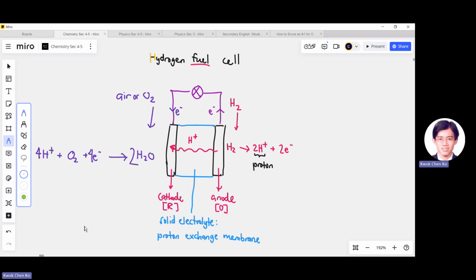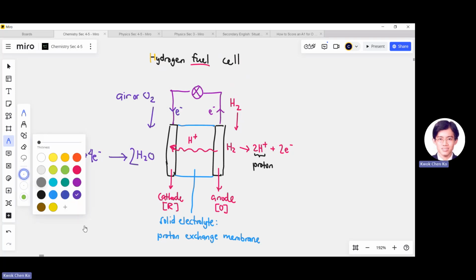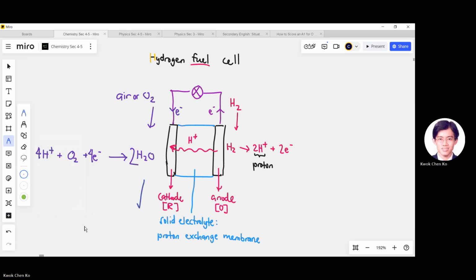Make sure you balance it. And just to finish off everything, what is going to come up here? Basically the leftover air plus water vapor.